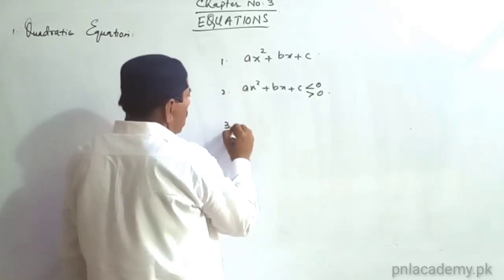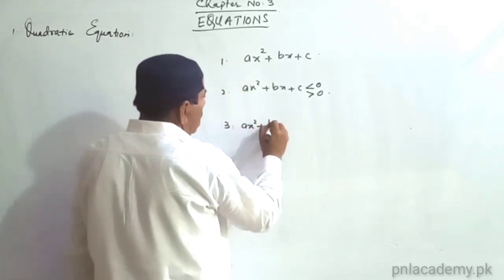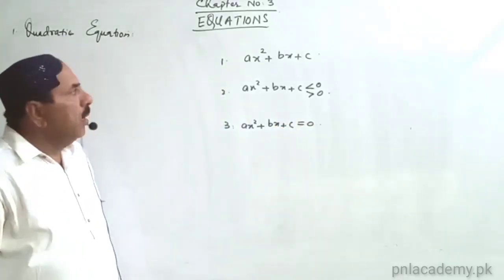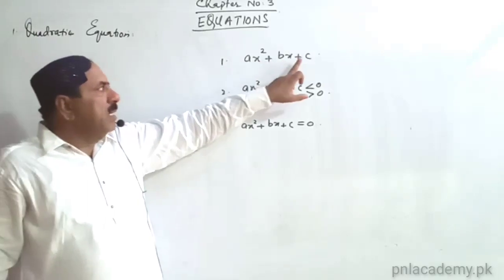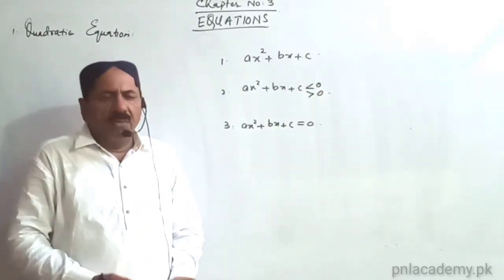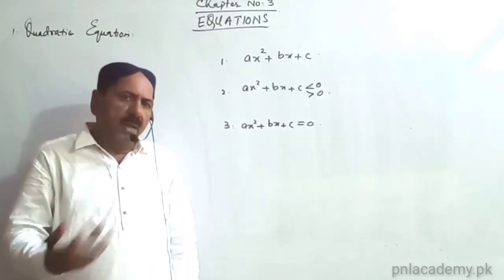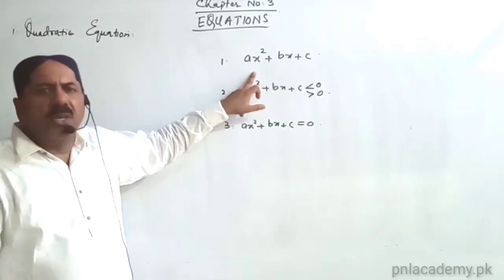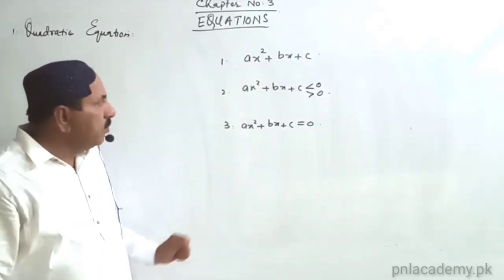Second is ax square plus bx plus c is equal to 0. Ax square plus bx plus c does not show the relation of less than, greater than or equal to. So we can say that this is a quadratic expression, not the equation.